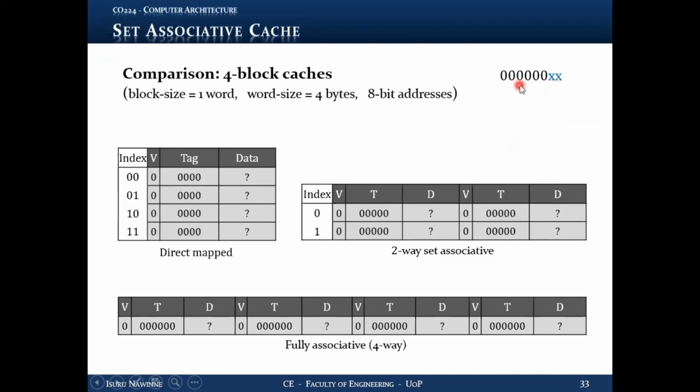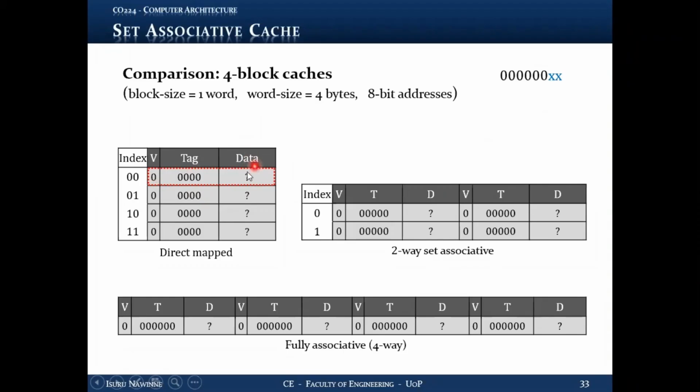So we have the block address 0 here. So if we take the direct mapped implementation first, it is referring to index 0, right? 2 bits are used as the index, the 2 least significant bits of the block address, and index 0 is here, right?